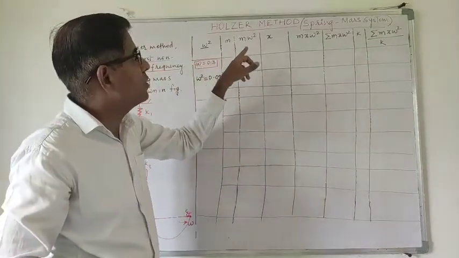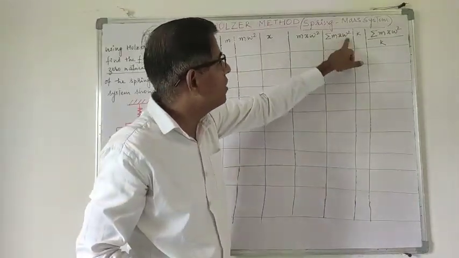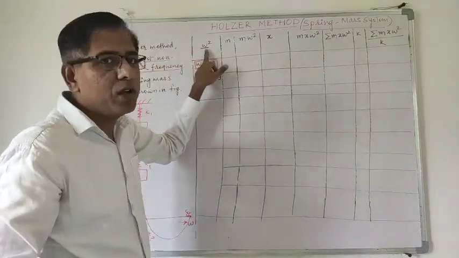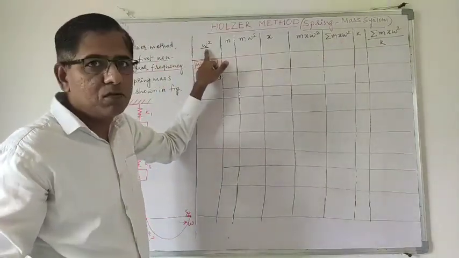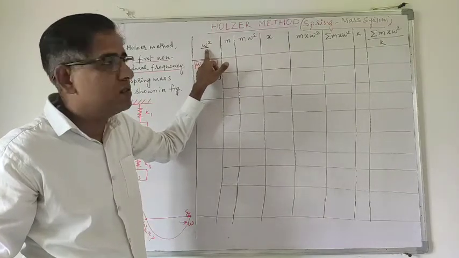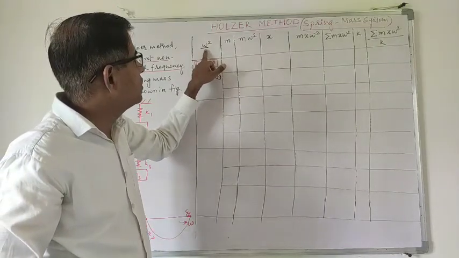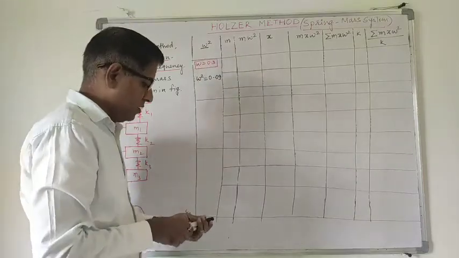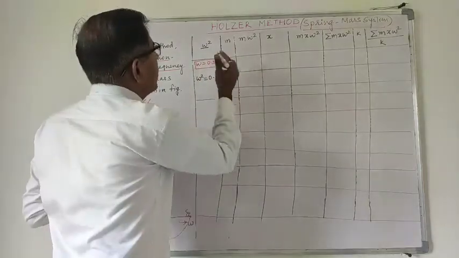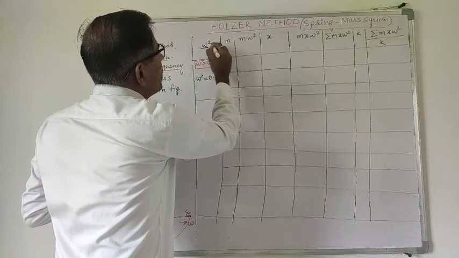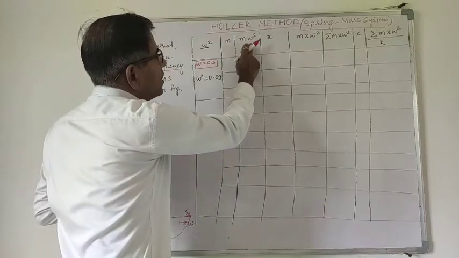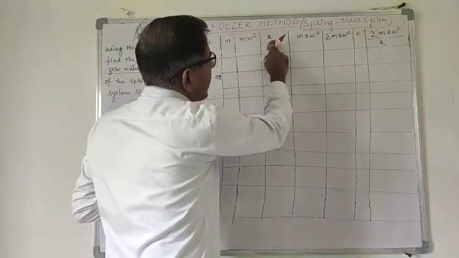So omega square I have assumed here because this is what the Holzer method says. So omega square is the first column name, then m, then I have multiplied both these columns, m into omega square, so this will give this column values m omega square, then the x displacement.